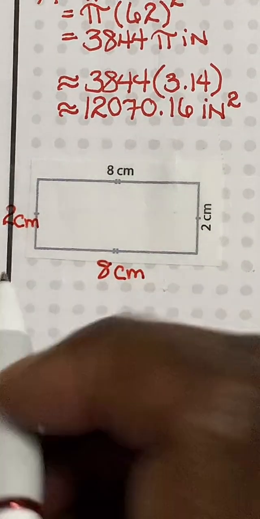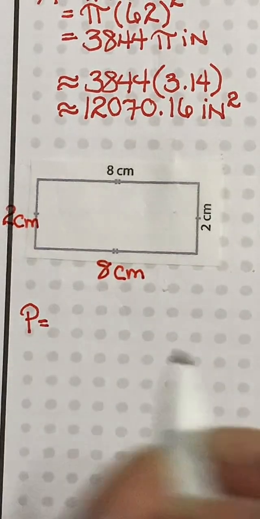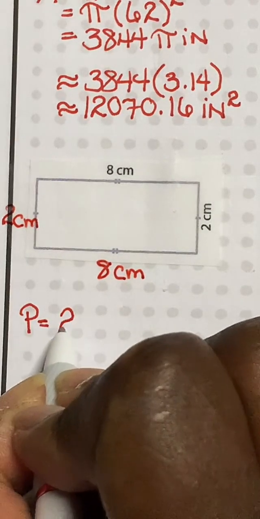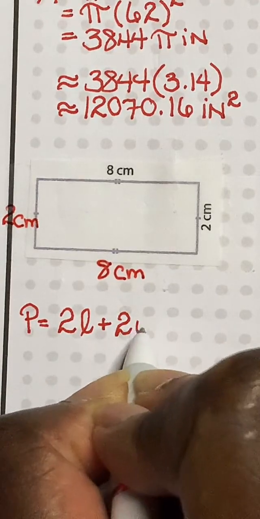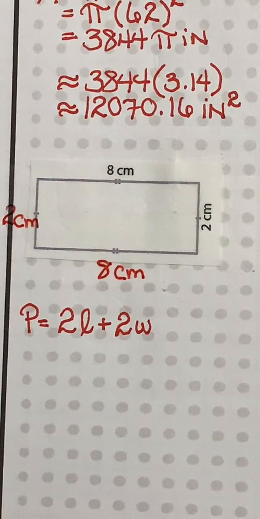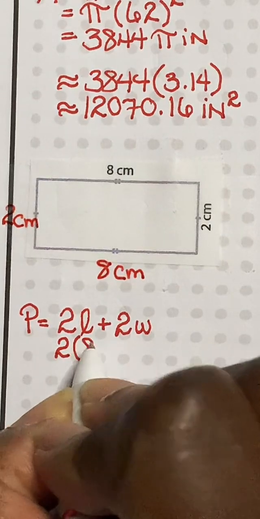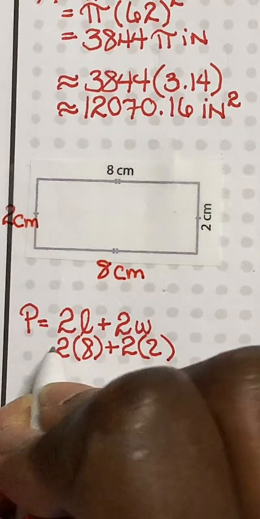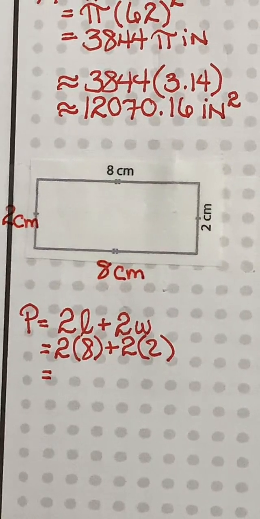If you want to find the perimeter, you can do one of two things. You can multiply 2 times your length plus 2 times your width, or you can simply just add up all the sides. That's all it is. So if we have 2 times our 8 plus 2 times our 2, and most of the time when they use this formula, a lot of people are just like, all right, which one's length and which one's width?